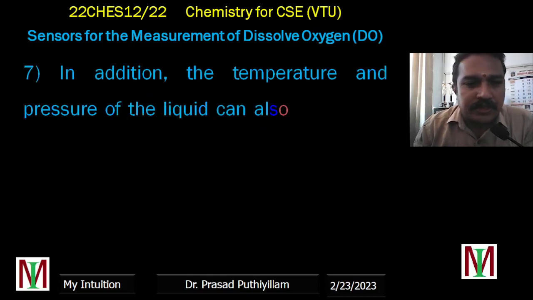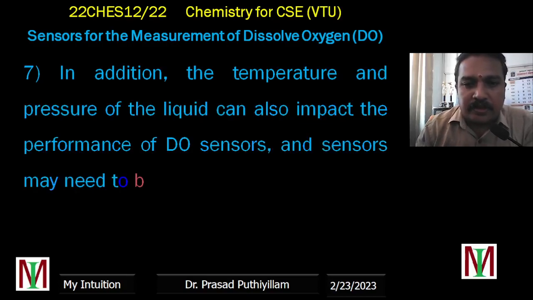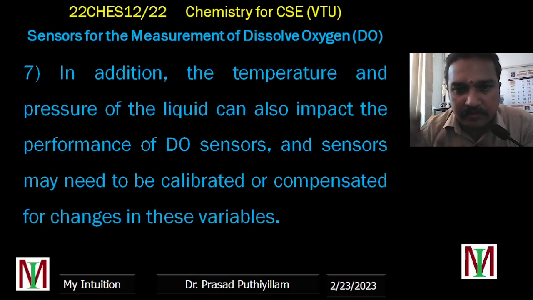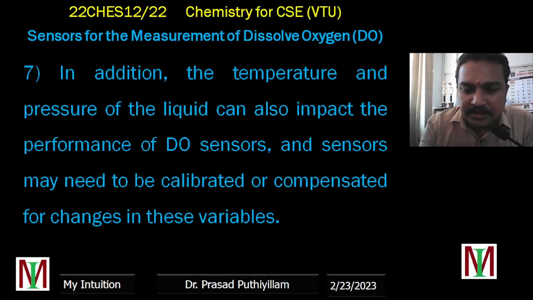In addition, the temperature, the pressure, and the liquid which we are measuring can all impact the sensitivity of the sensor, and the sensors may need to be calibrated or compensated for changes in these variables.